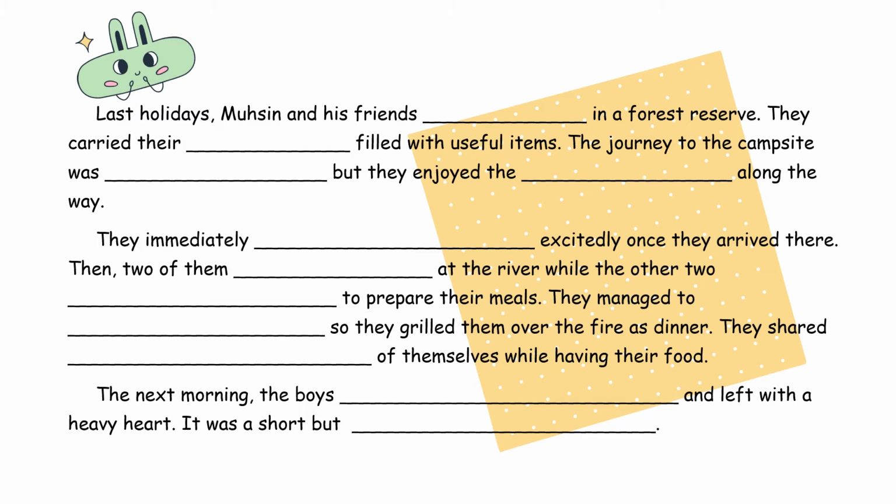Can you think of words or phrases to fill in these blanks based on the pictures that you have looked at just now? So let's go back to the picture.